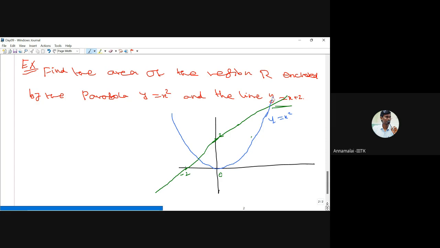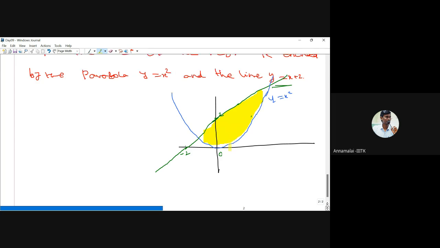Okay. Now we got to find the area of this region. So what is the formula?